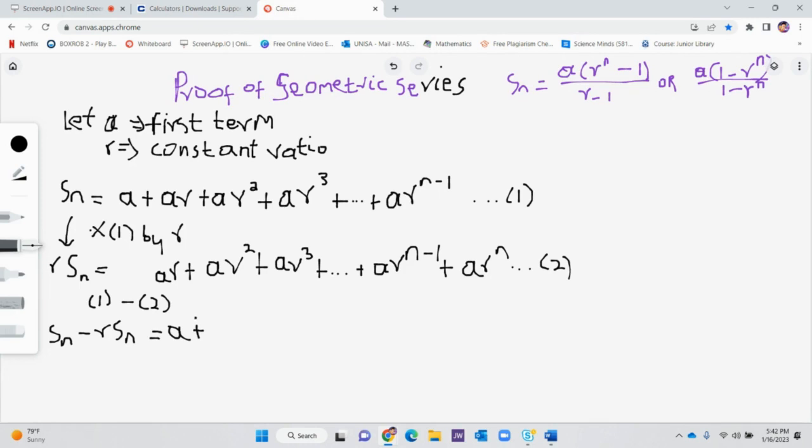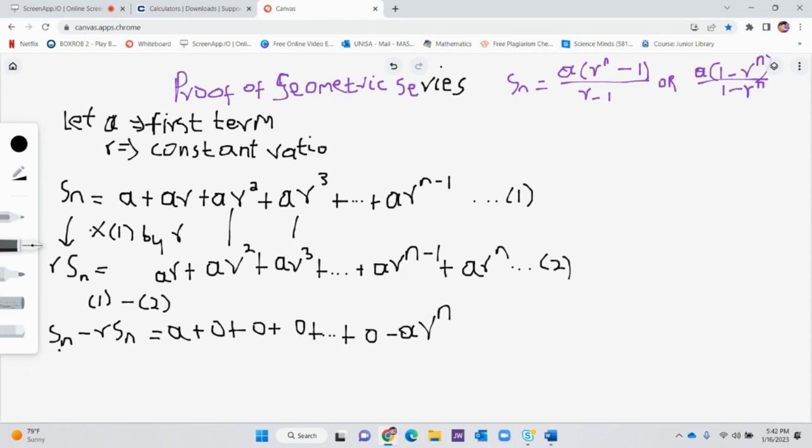We are subtracting like terms. ar minus ar is 0, plus ar squared minus ar squared is 0, plus ar cubed minus ar cubed is 0, plus dot dot dot, plus ar to the power of n minus 1 minus ar to the power of n minus 1 is 0, plus 0 minus ar to the power of n is minus ar to the power of n.